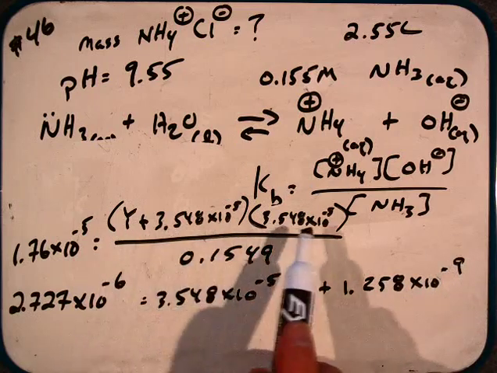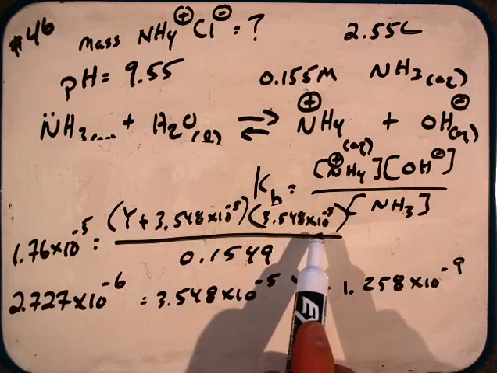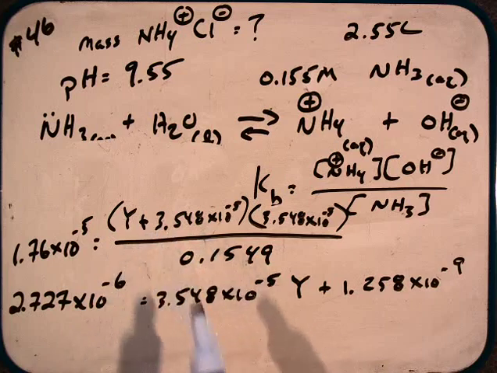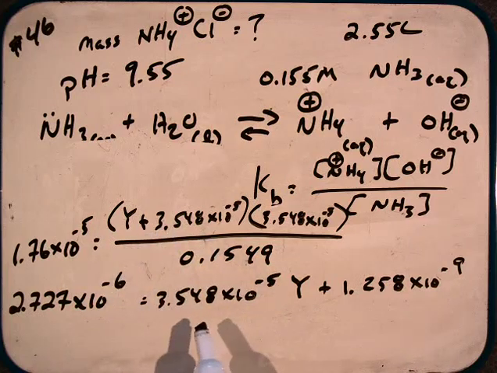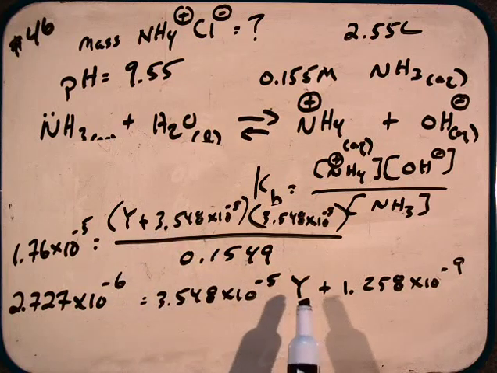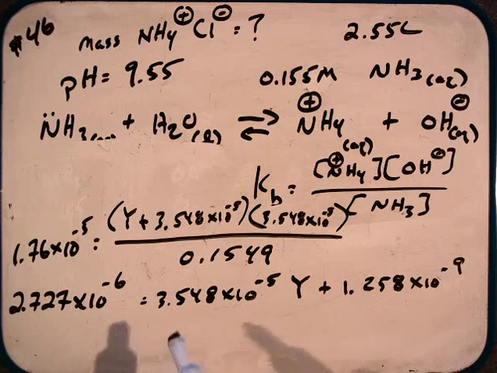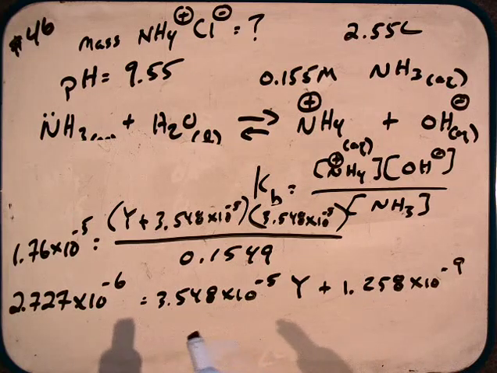And then if we multiply the 3.548 times 10 to the negative fifth throughout this, we then get these two values, our 3.548 for y, and then we have 1.258 to the negative ninth. We isolate our terms and solve for y.